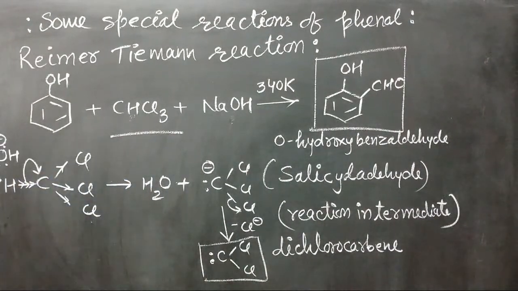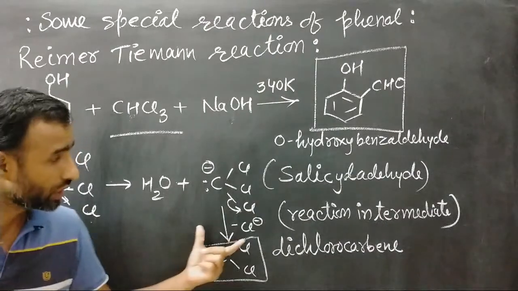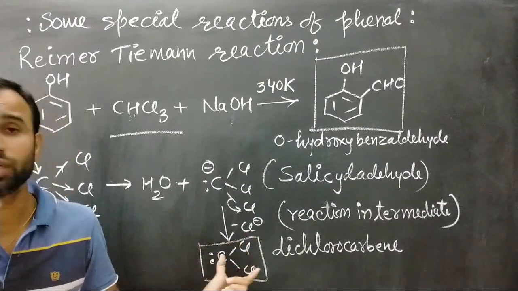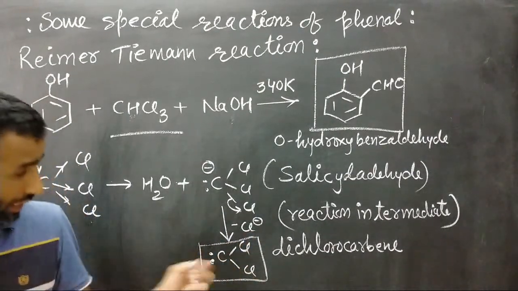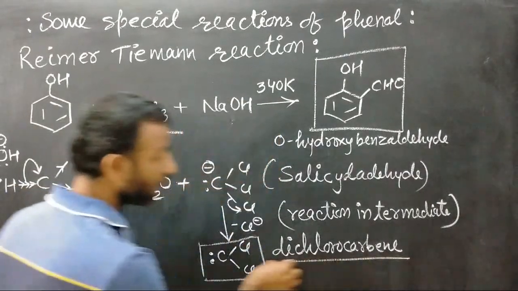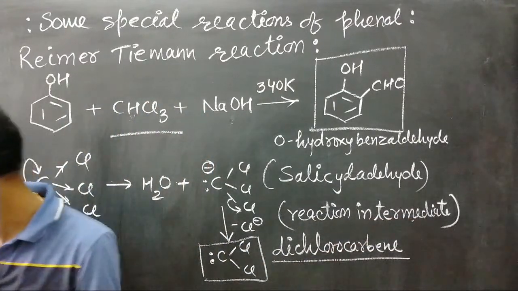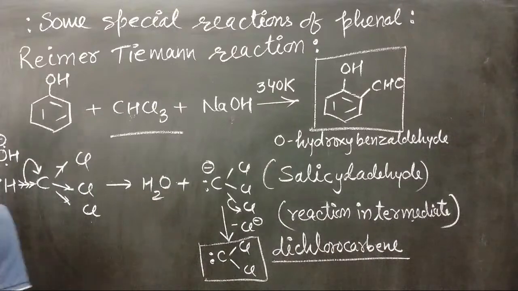Is it visible? Yes. Got it? So this is the first and foremost step that will give you the reaction intermediate in a Reimer-Tiemann reaction.